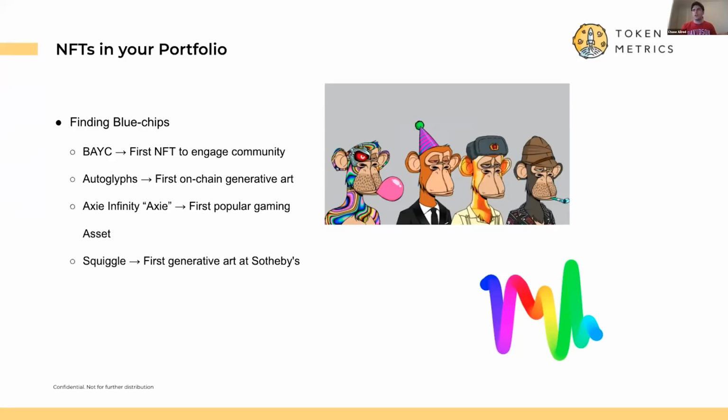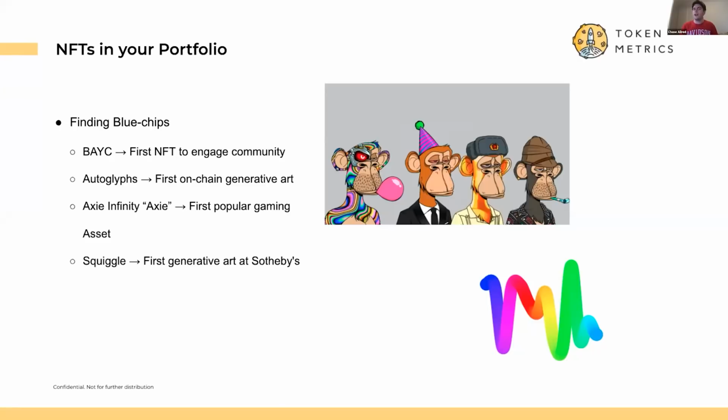So for example, Bored Ape Yacht Club, they were the first NFTs to really engage with and market to their community. Autoglyphs is the first on-chain generative NFT. The Axie Infinity Axie is the first mega popular gaming asset. The Squiggle, which you see in the bottom right here, is the first generative art to be sold at Sotheby's. These things go for millions of dollars.